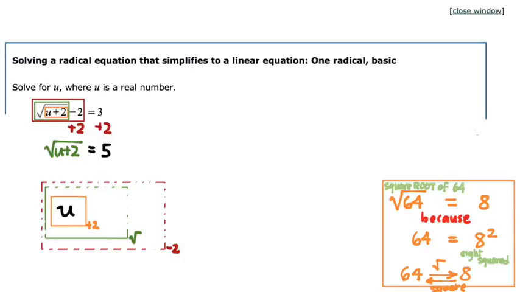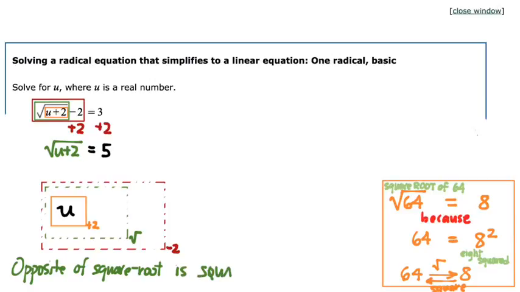So the opposite of taking the square root of a quantity is squaring that quantity. Well, maybe that's worth writing down in words here. The opposite of square root as a verb is square. In other words, raise that quantity to the second power.